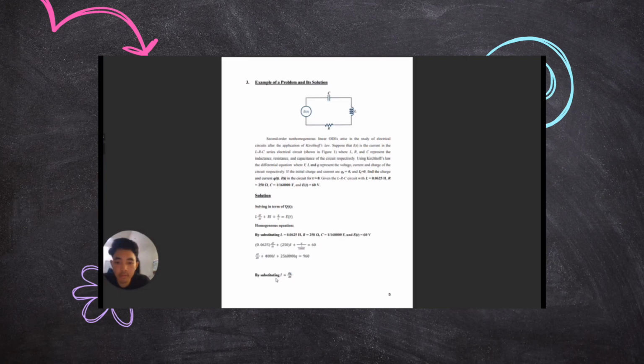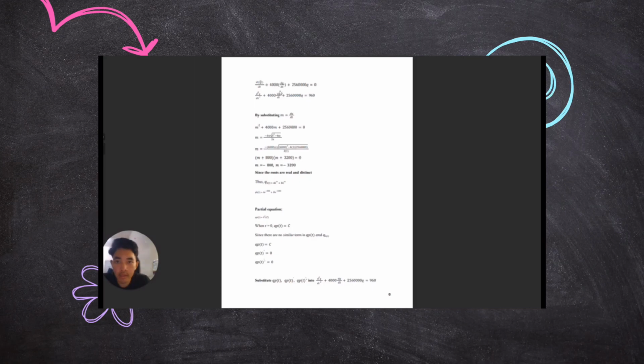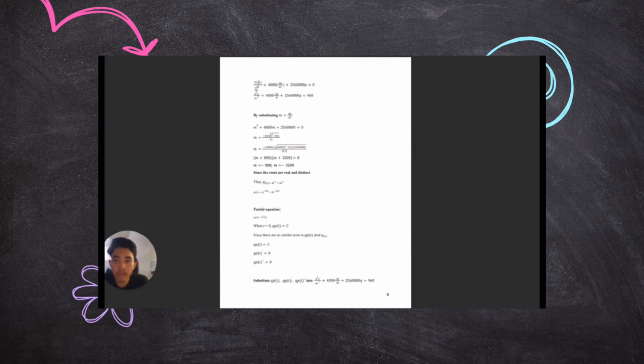Then we substitute I equal to dq over dt. Then we get d of (dq over dt) over dt plus 4000 (dq over dt) plus 256,000 Q equal to 960. And then we differentiate for the second time.